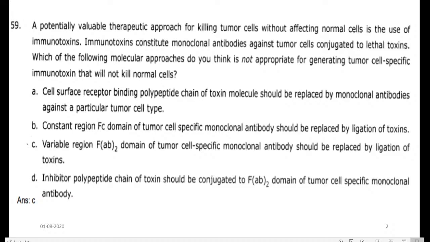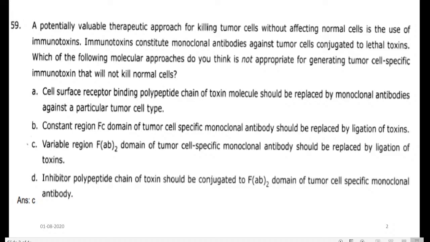While you are changing the variable region, that changes the character of this monoclonal antibody, so it is not acceptable. Don't replace that particular place. We can conjugate with the FAB region, that variable region, but we won't replace that region. So this third statement is wrong for the production of monoclonal antibodies.